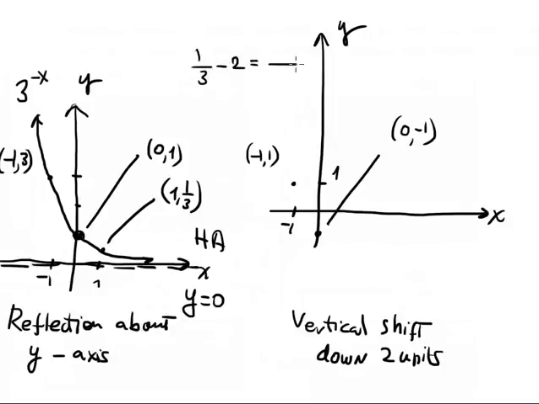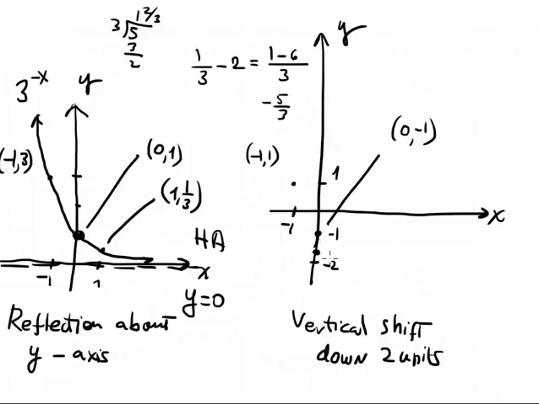Okay, that is 1/3 minus 6/3, which is negative 5/3. Negative 5 over 3, approximately 5 divided by 3 is 1 and 2/3. It's in between negative 1 and negative 2, close to negative 2.